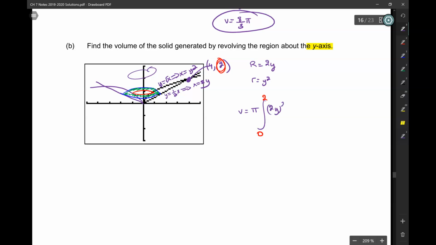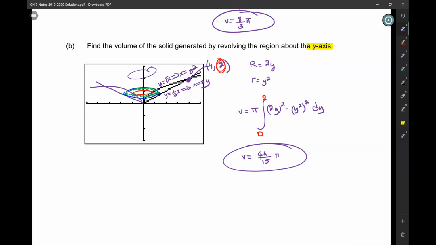The integral of 2y quantity squared minus y squared squared dy. And when we integrate, whether by calculator or not, it's 64 over 15 pi. And it's perfectly acceptable to leave your answers in terms of pi, because it's pi R squared minus pi r squared.